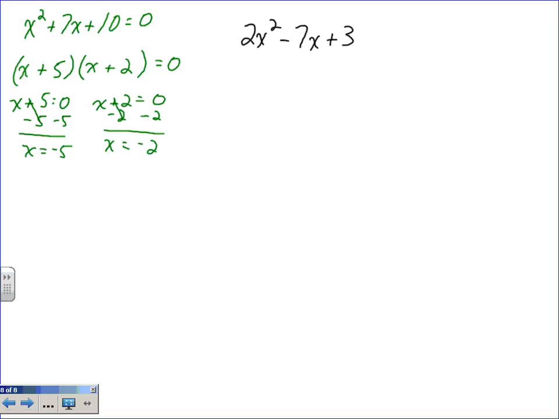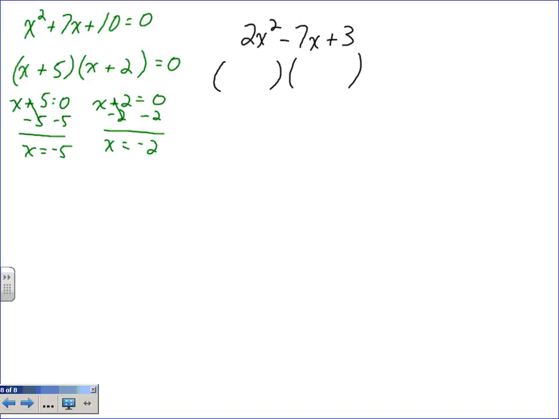Now what do we do? Well, it's the same method, so we are going to factor. I'm going to put 2 parentheses. Now, let's look at the signs. I've got a negative and a positive. Now remember what I said.